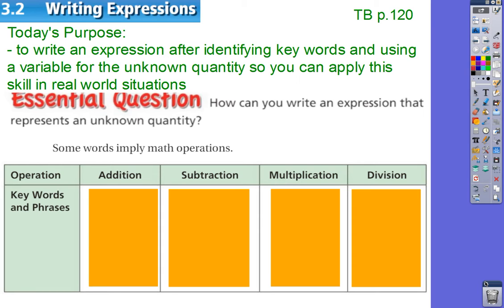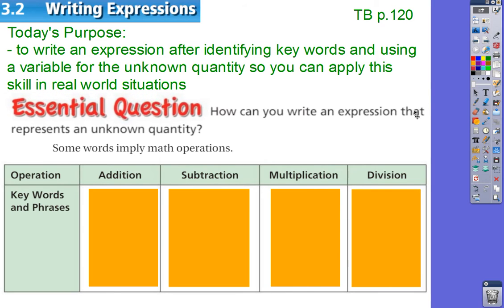Okay, so first of all, I want us to think today about some words that represent or stand for different operations. I'd like for you to, in your notes section, just make a little chart that has 4 columns: addition, subtraction, multiplication, and division.